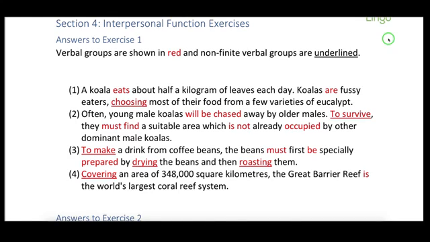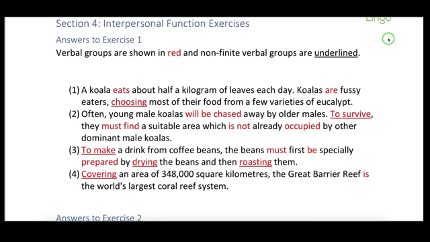Now, why is choosing non-finite? Because it is the ing form of a verb. And if you remember from the videos, ing, ed, and infinitive with to are all non-finite forms. They don't have a tense.